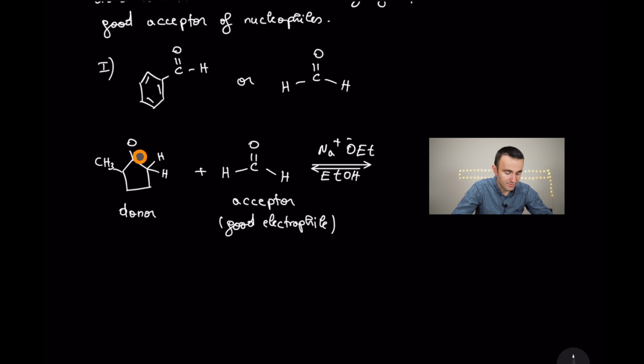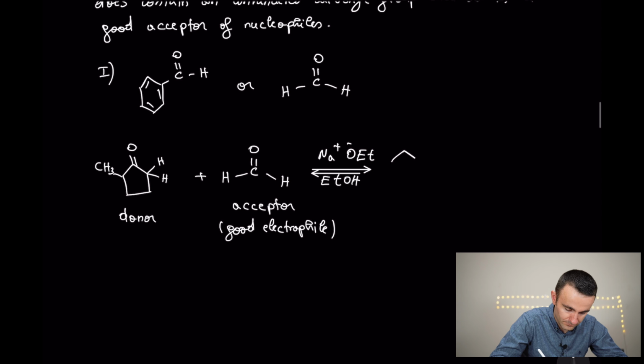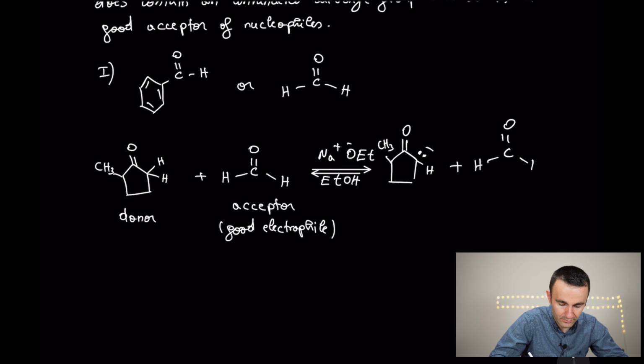First stage is that this ketone is going to be converted into the enolate. And after that it is going to react with the formaldehyde. This is called a donor because this lone pair is used to form the new bond, and this is called an acceptor that is going to accept this lone pair to form the new bond.